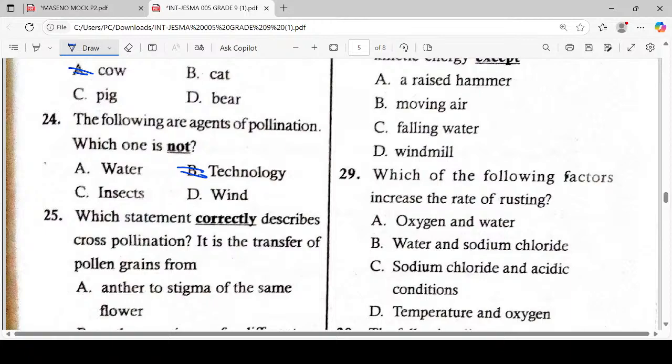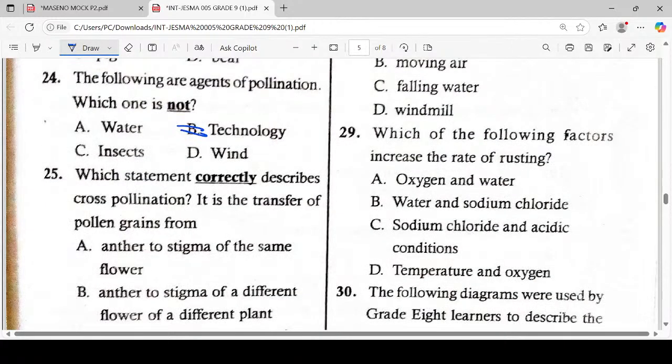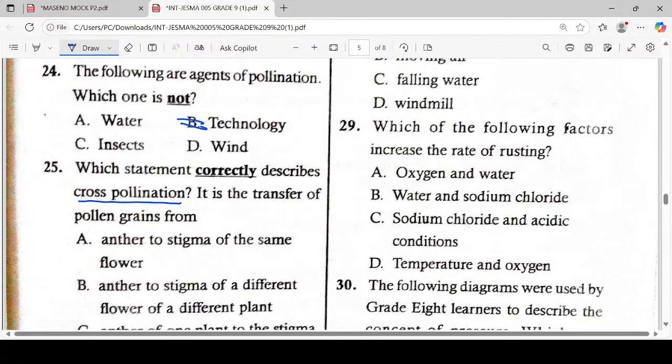Question number 25. Which statement correctly describes cross-pollination? Cross-pollination is the transfer of pollen grains from the anthers of one plant to the stigma of a different plant but of the same species. So let's look at it.